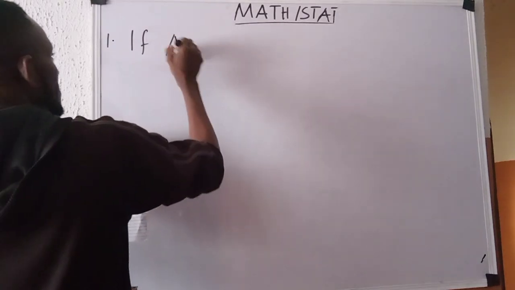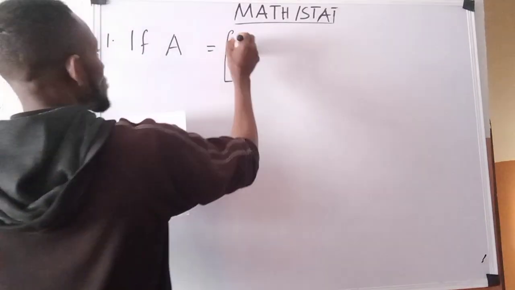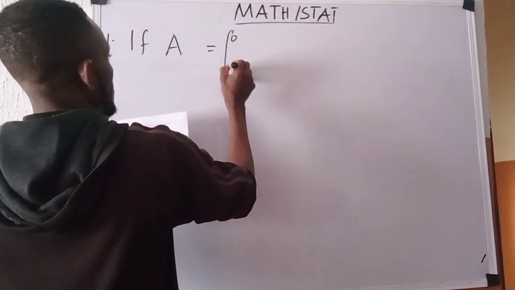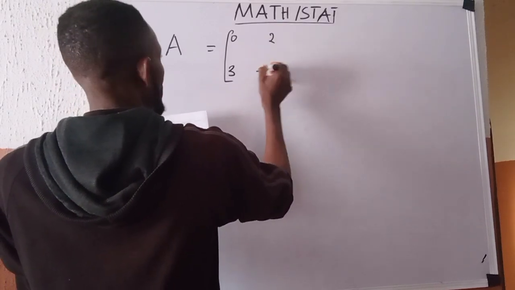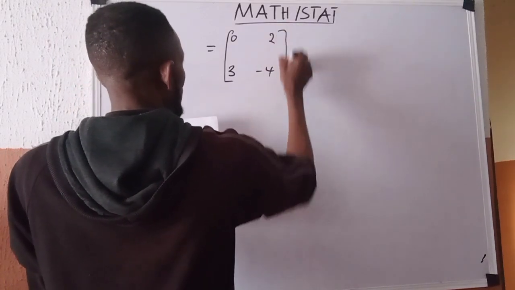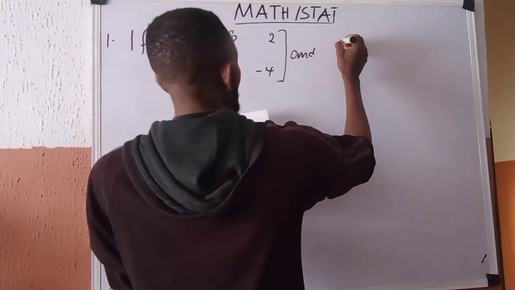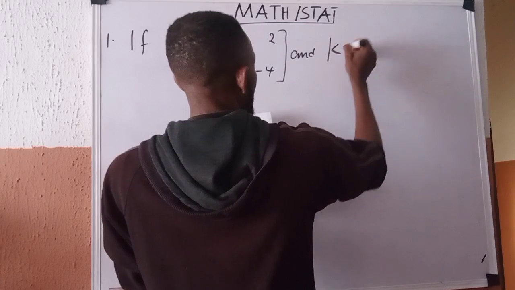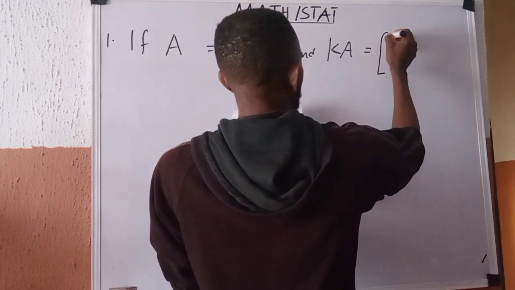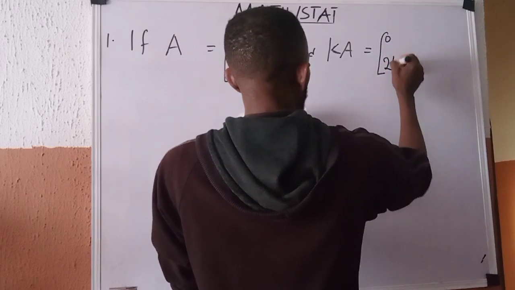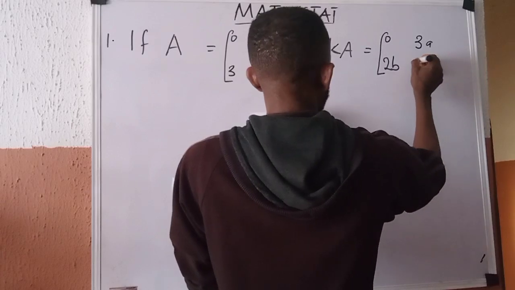A is defined as a 2 by 2 matrix: 0, 3, 2, minus 4, and KA is defined by 0, 2B, 3A, and 24.